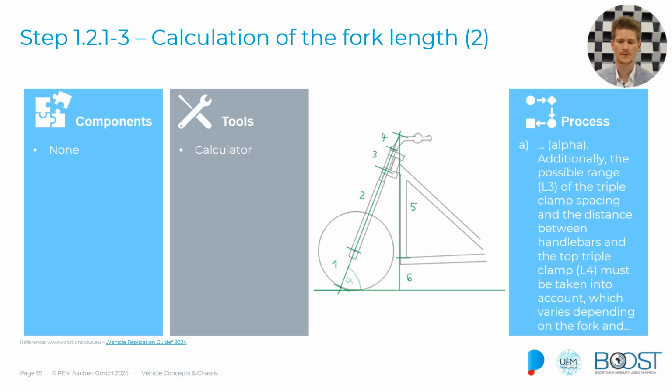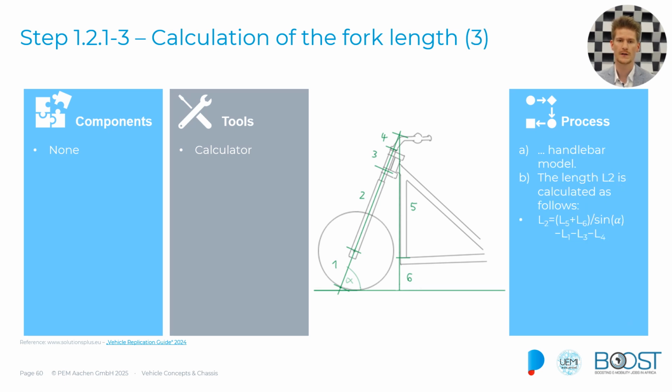And going on with that, we will also look at the angle that we need to have, the steering angle, which is alpha, and additionally the possible range of the triple clamp spacing, which is here at this top, which is L3, and the top triple clamp L4, which must also be taken into account, and which will vary depending on the fork and also vary on the handlebar model that you are going to choose.